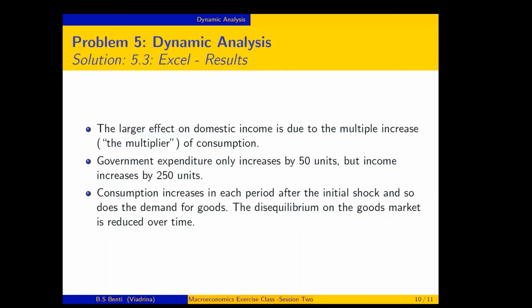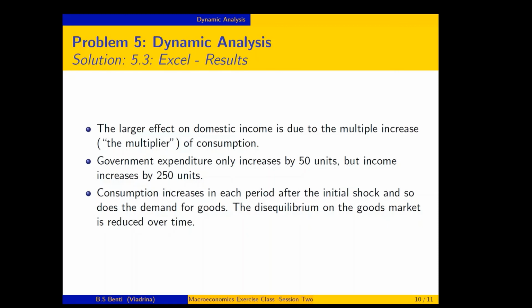So this is actually to say a 50 units increase in the government expenditure led to a 250 units increase in the consumption. Consumption increases in each period after the initial shock, or after the initial increase of government expenditure from 100 to 150 units.